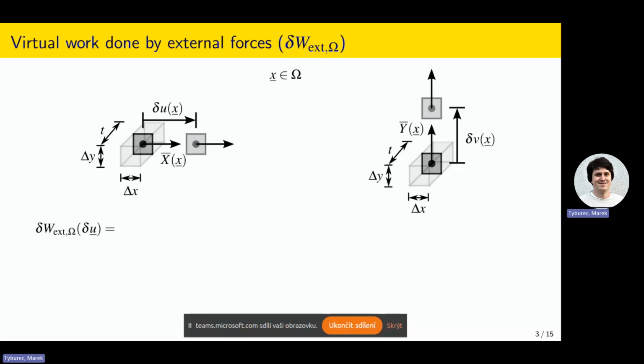Essentially we multiply by volume, so that this product is force, and to produce work, we multiply by virtual displacement, which is delta u.